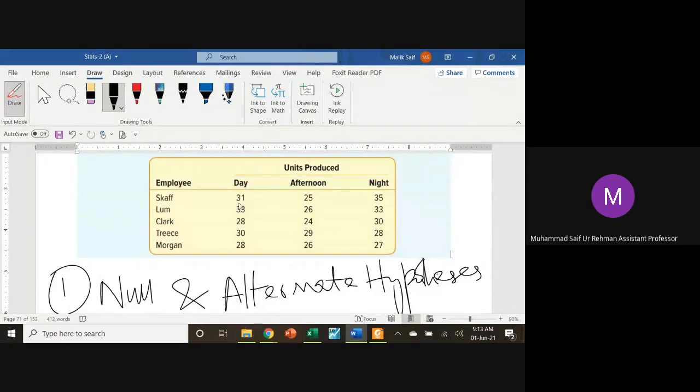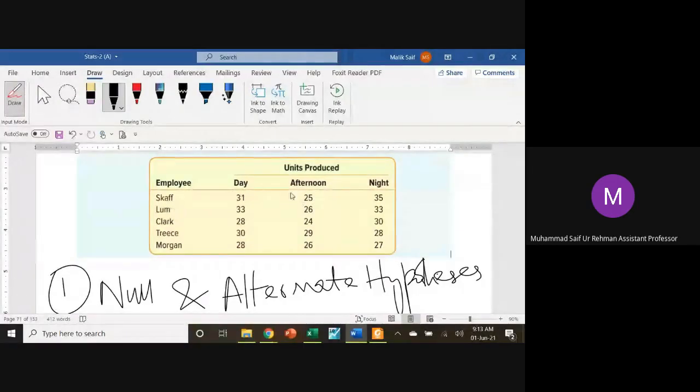So we have simply taken these productions on odd days during day shifts. Let's say this 31 means that SCOF produced 31 units of that particular item when he was allowed to work in the day shift. When SCOF was allowed to work in the afternoon shift, he produced 25 units of that item.